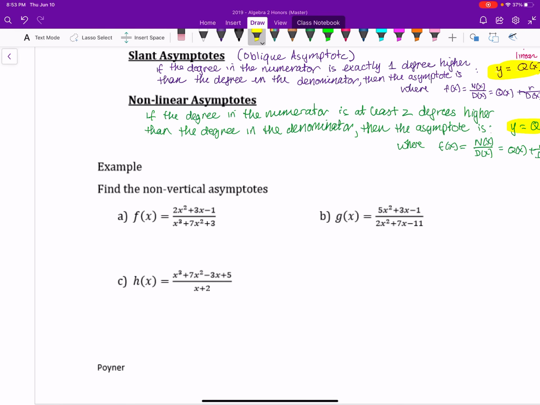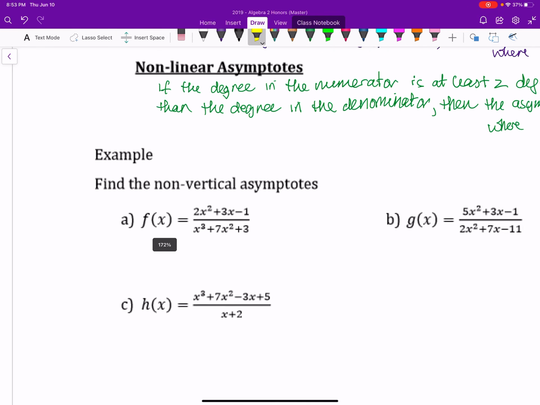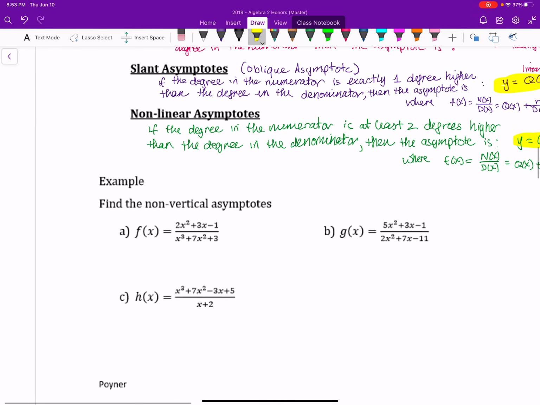So the first one here, and that's really hard to see, but the denominator is actually a degree 3. It's asking for the non-vertical asymptotes, so we're just looking at the degrees in the numerator and the denominator. In this case, the denominator has a greater degree than the numerator, so I know the non-vertical asymptote is going to be y is equal to 0.